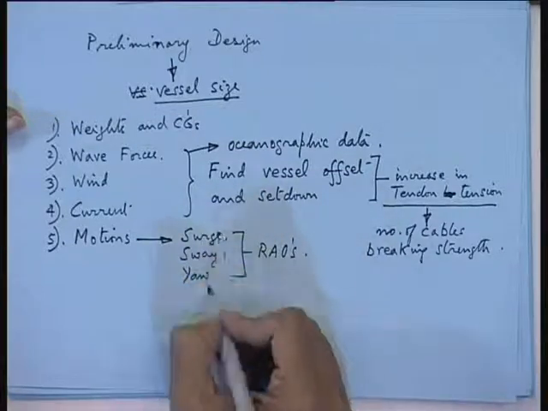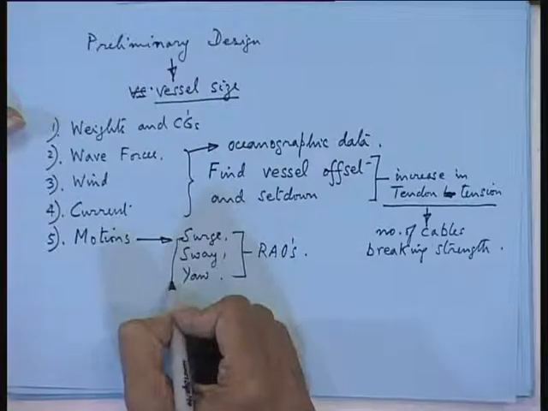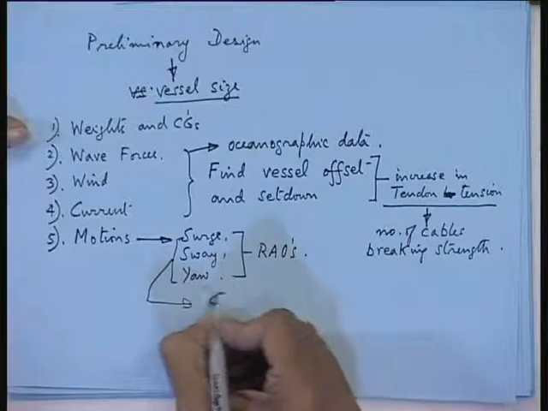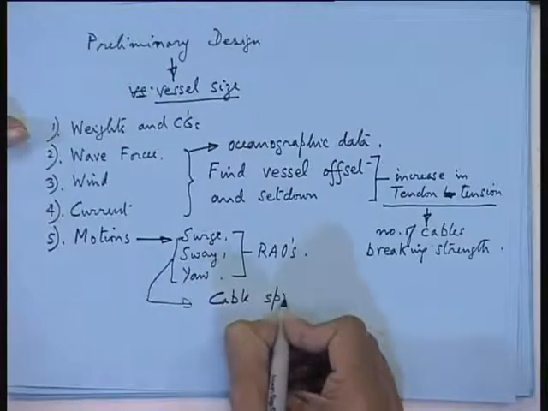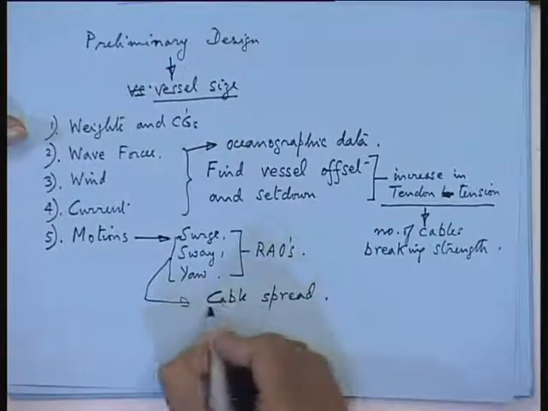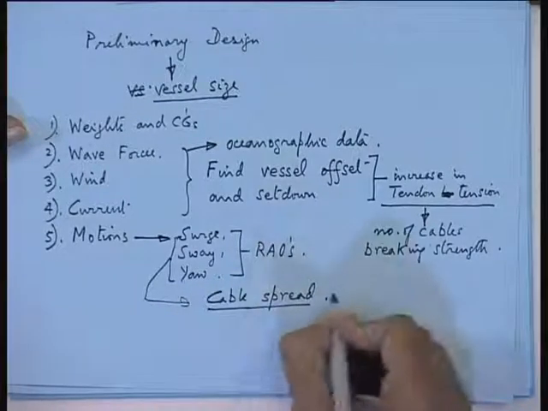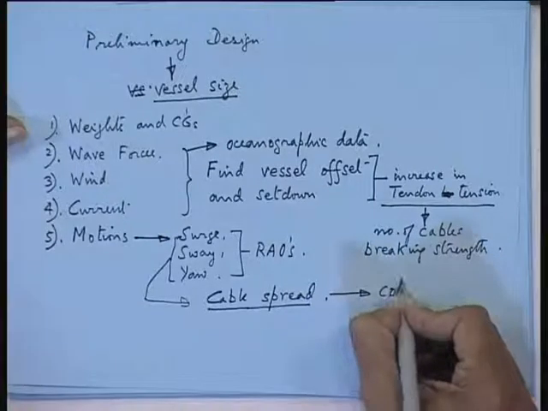You will find that all these are related to cable spread. Cable spread is another important parameter which decides the column spacing.